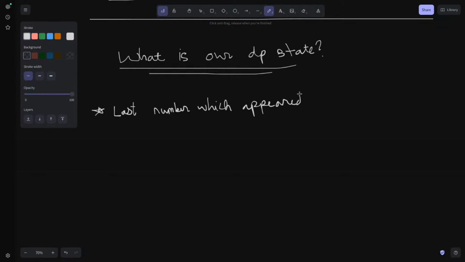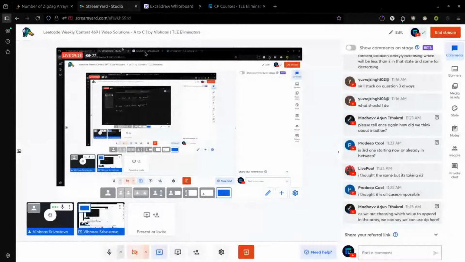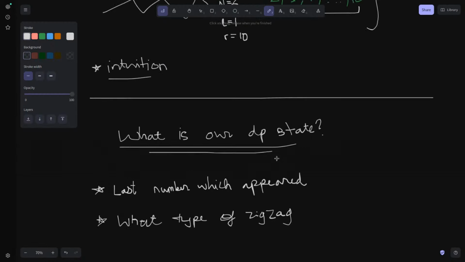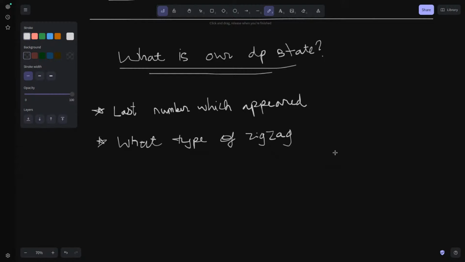So what type of zigzag is it? Based on that, we can decide what the next possible numbers to be appended are.